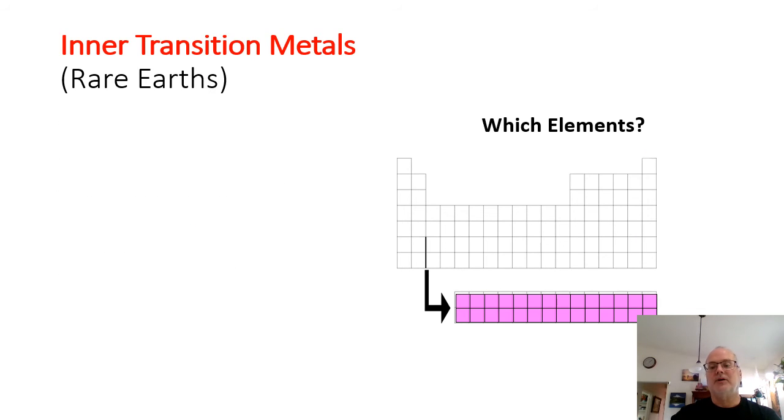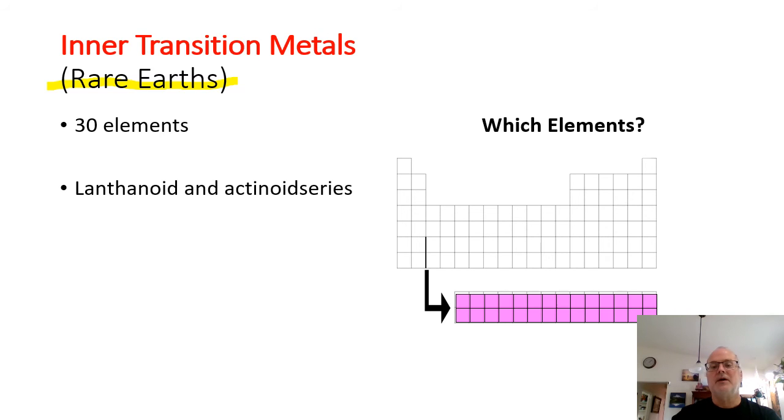The last group that you're going to color code will be the inner transition elements. These are going to be found down here in this strip that gets pulled out of the periodic table. Sometimes they're referred to as the rare earth elements. There's 30 of them. There's only 2 that you have on your list. That would be plutonium and uranium. They're referred to as the lanthanoid and the actinoid series, since they're found down in this section of the periodic table. The first elements listed usually are lanthanoid and actinoid.